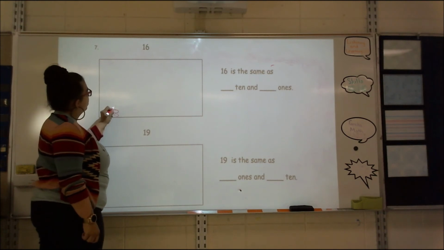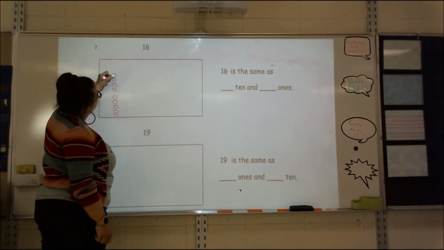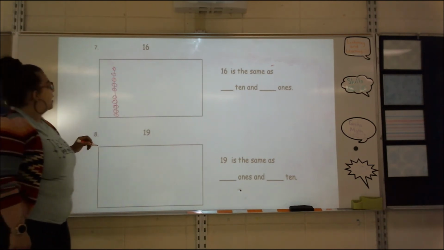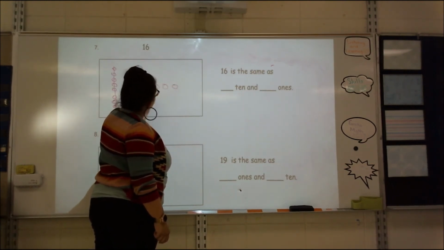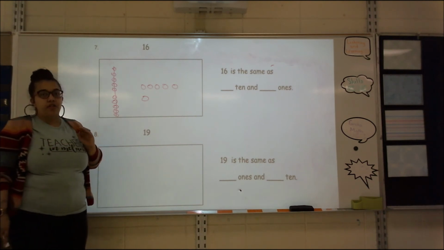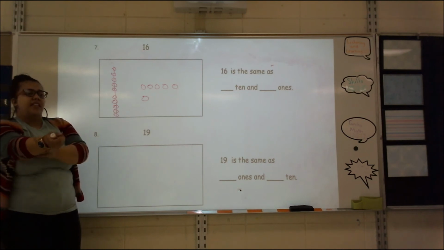1, 2, 3, 4, 5, 6, 7, 8, 9, 10. We're going to draw a line through it to indicate that's a group of 10. And 1, 2, 3, 4, 5, 6. We're doing this on purpose because eventually we're not going to need to draw the circles. We're just going to draw a stick. We're going to get into what's called quick tens. I think that's like module 4.